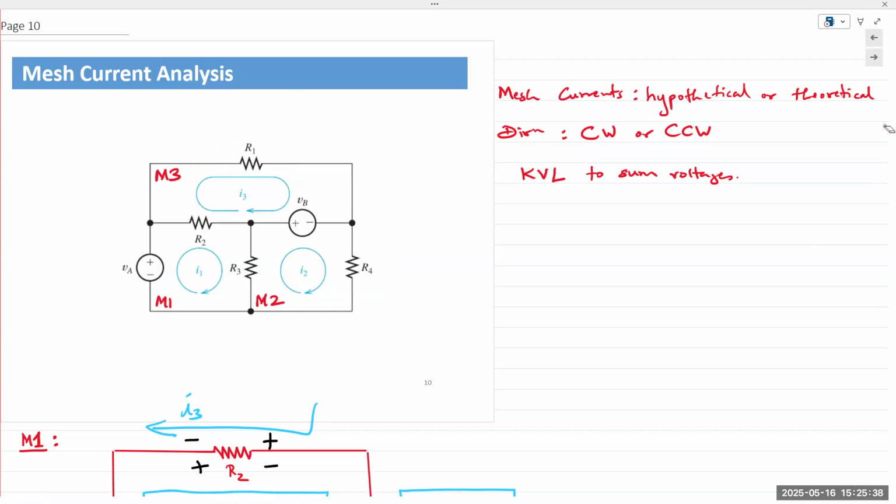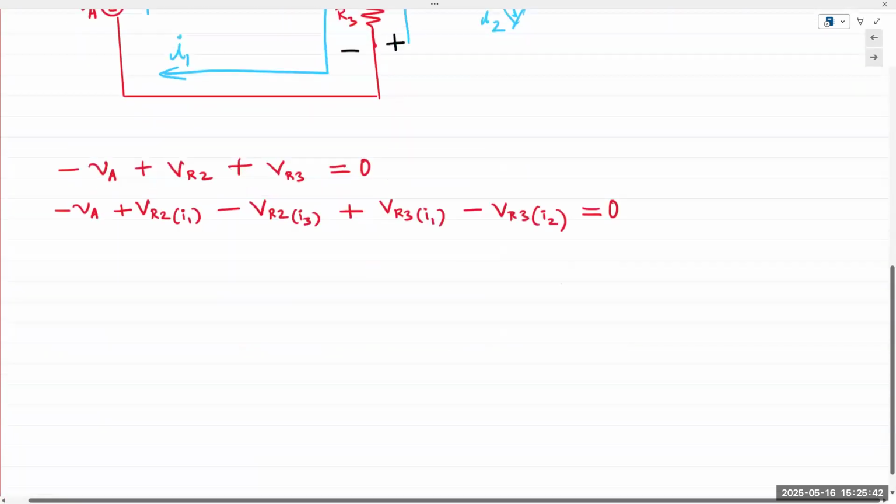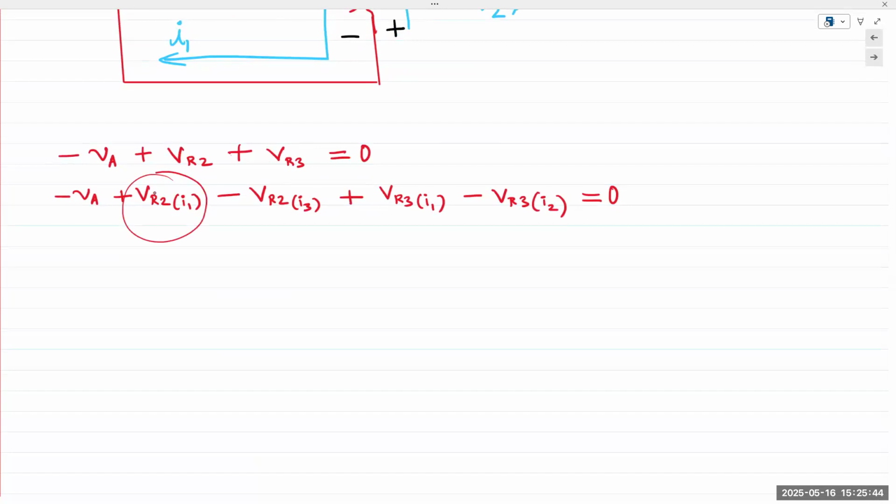So when you sum up the voltages, we obtain plus VR2 and minus VR2, plus VR3 and minus VR3. And of course, it depends on the direction of the current.